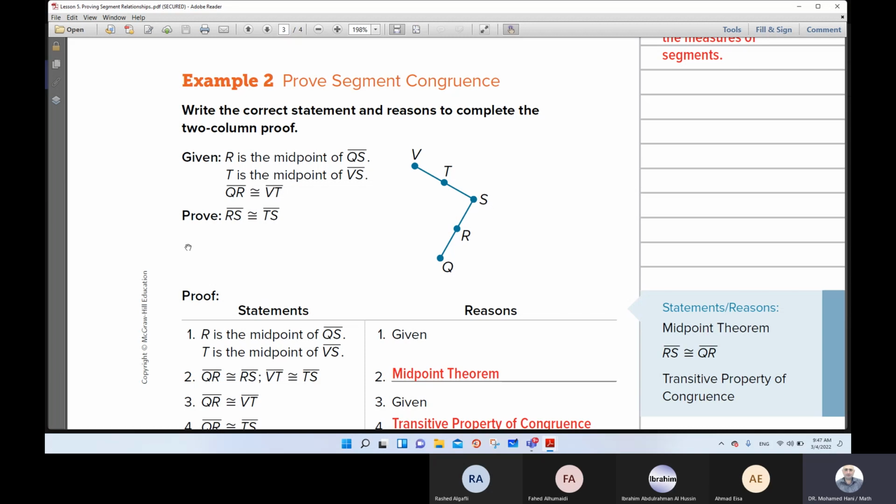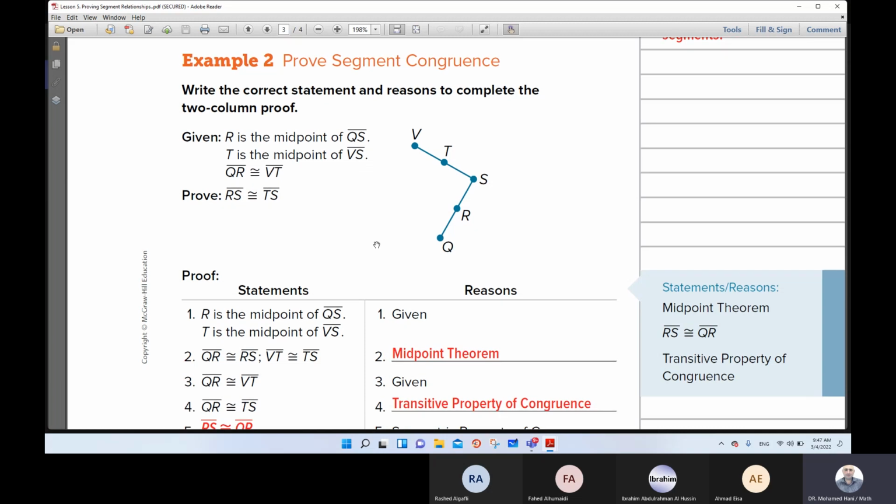This is given. Prove: segment RS congruent with segment TS. How to write the proof?